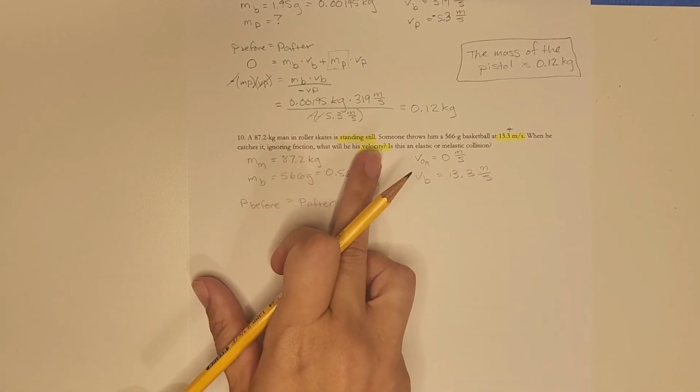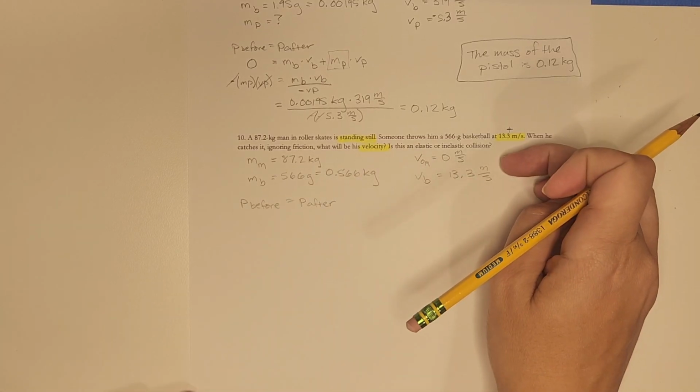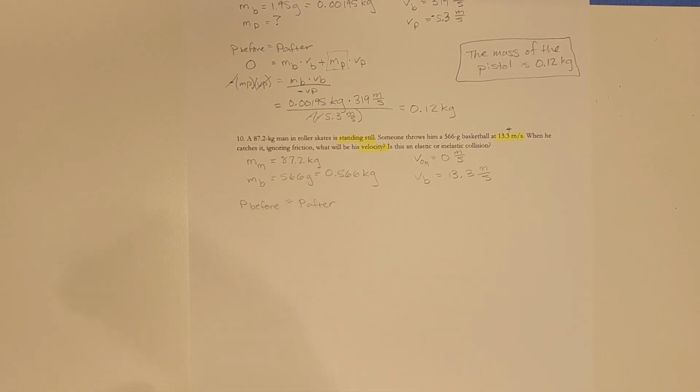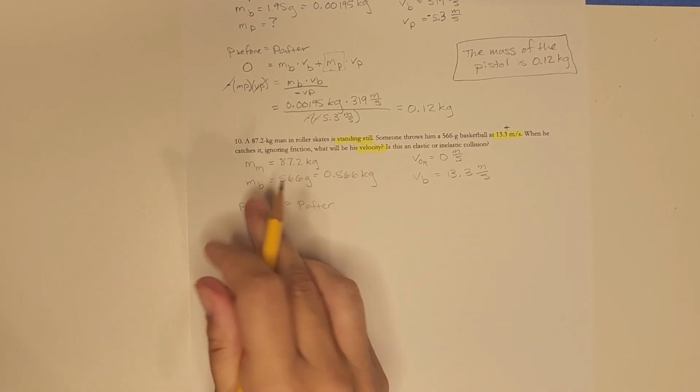The man is standing still, so his velocity is 0, his momentum is 0, but the basketball has a momentum, and our after momentum is going to be a combination of the man and the basketball together once he has caught that ball.